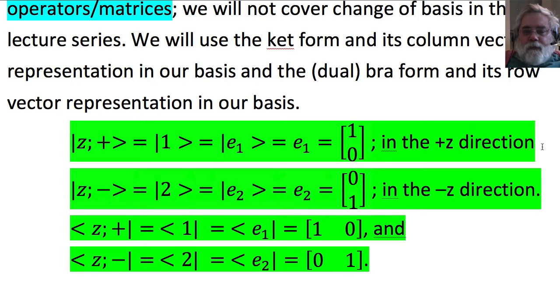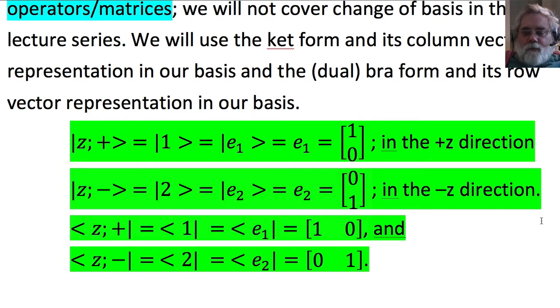This is the Z plus direction. Now, Z minus is the second basis state, ket Z minus, ket 2, ket E sub 2, and it is represented as 0, 1 in our basis. Those are the ket forms.